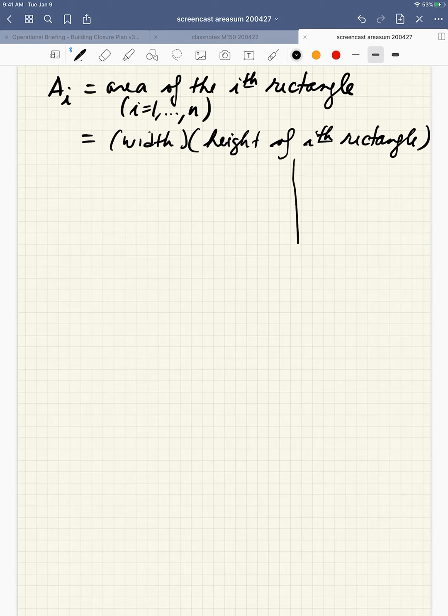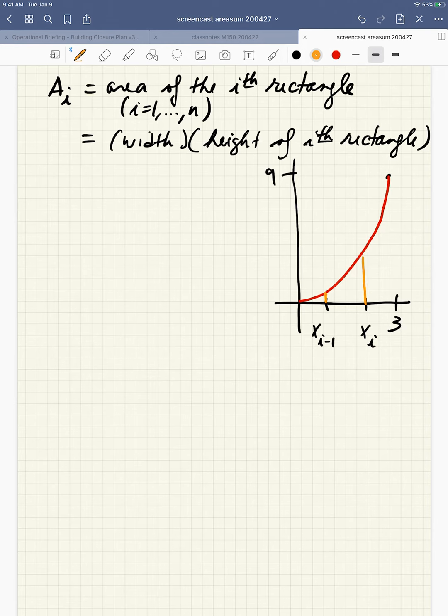But let me do a quick sketch. It'll just be a cartoon of our situation. So here's our graph. Suppose I'm on the ith rectangle, and these are the endpoints, x sub i minus 1 to x sub i. Then you can see here is the area in orange that I want to compute. But what I'm going to use to approximate that area is this rectangle.